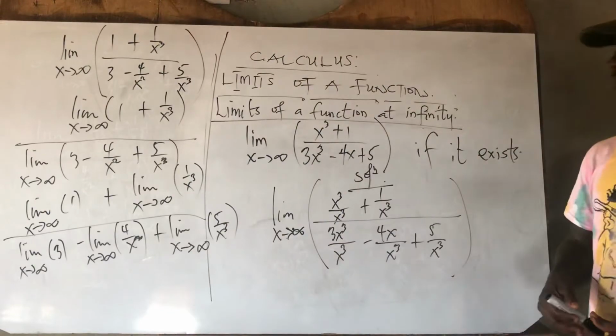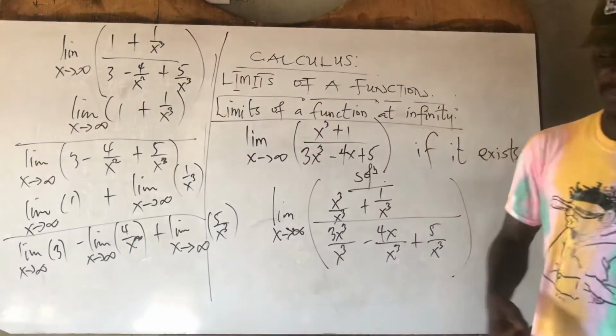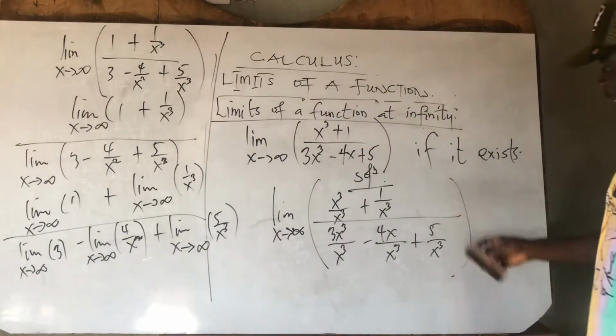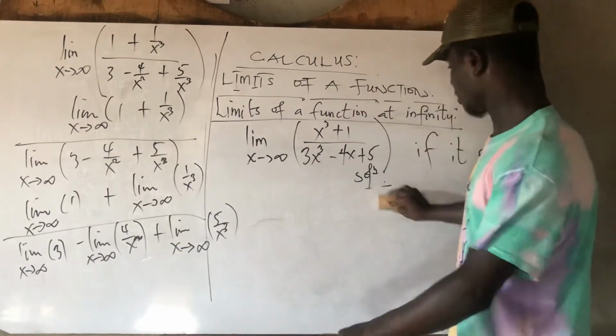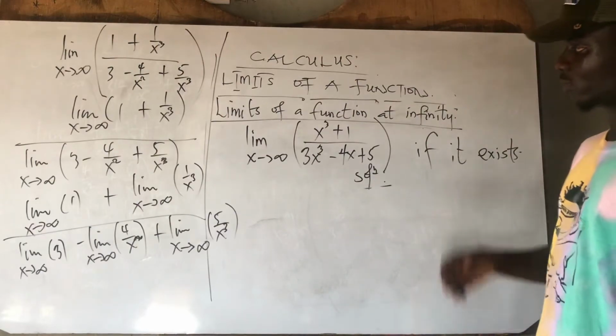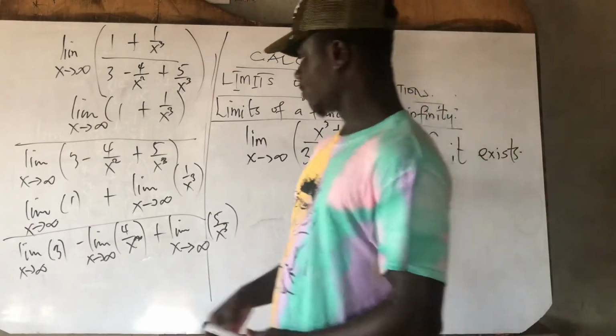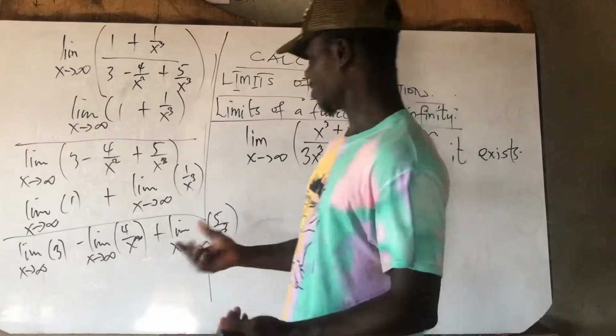You can see that limits at infinity are very, very simple. They are not difficult.